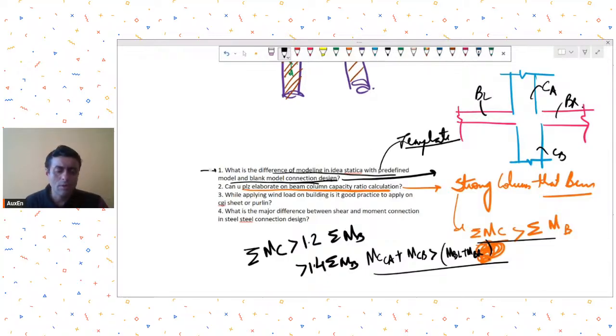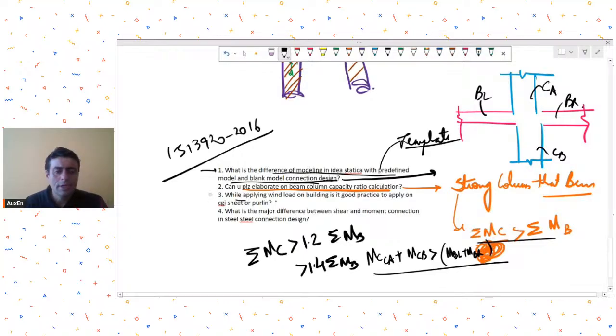So different country codes give you different ratios to be maintained, but the basic principle is this: you calculate the summation of moment capacity of beams, you calculate the summation of moment capacity of columns, and then ensure this ratio is maintained. Software like ETABS is able to do these things on its own, so you may refer to such software. IS 13920 gives you the appropriate procedure to do this calculation, so you can refer to that as well.